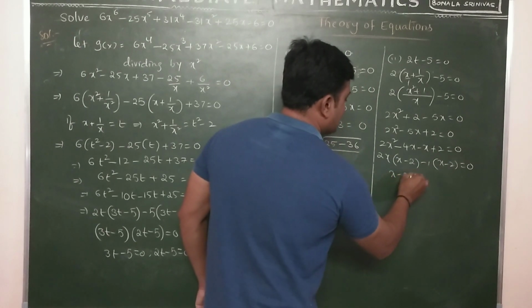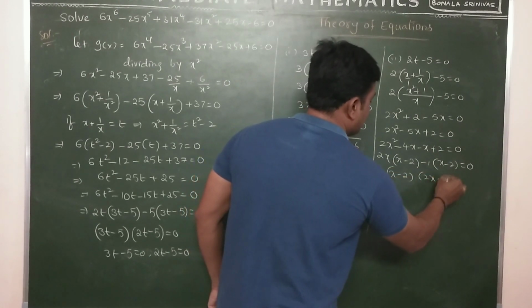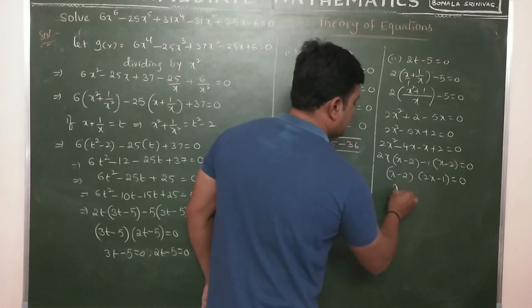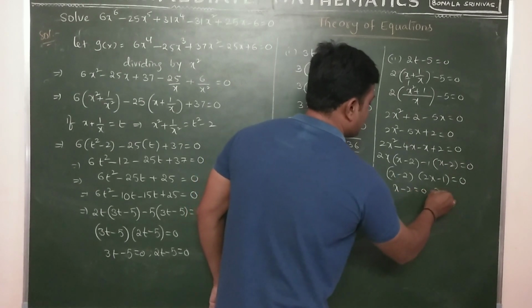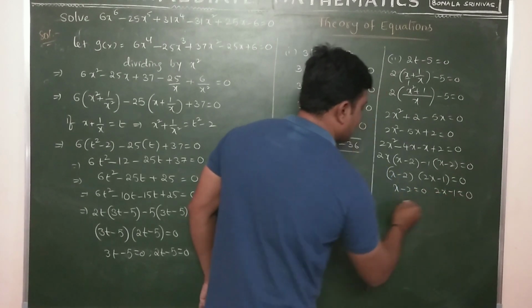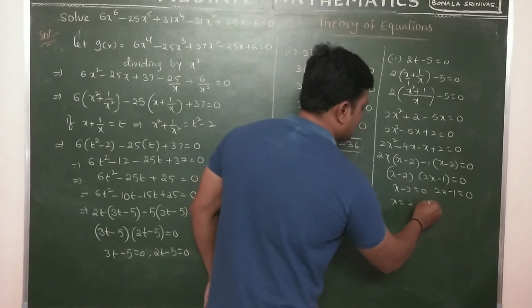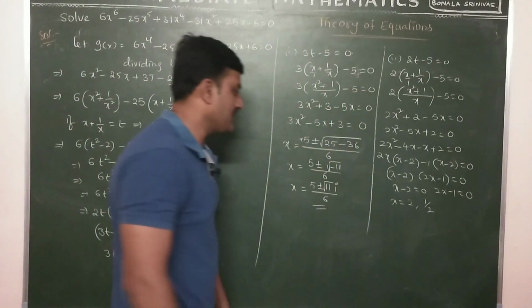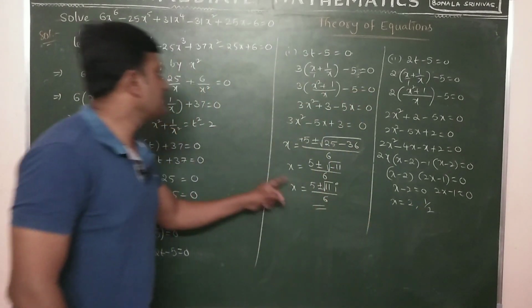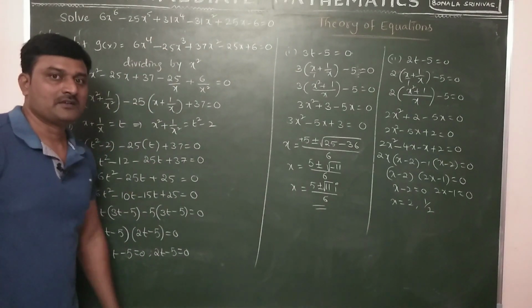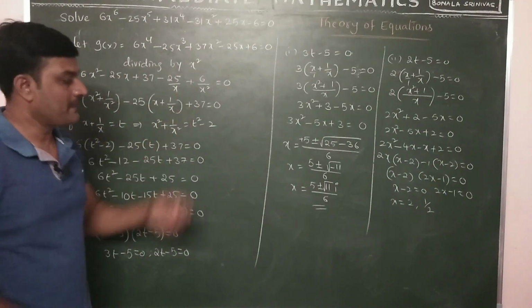Then x minus 2 and 2x minus 1 equals 0. Then x minus 2 equals 0 and 2x minus 1 equals 0. Then x equals 2 and 1 by 2. Here 2 roots. Already, first of all, we took 2 roots.